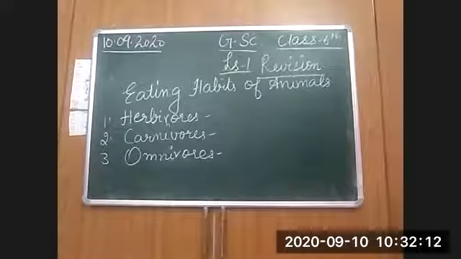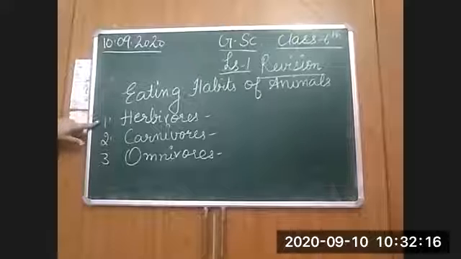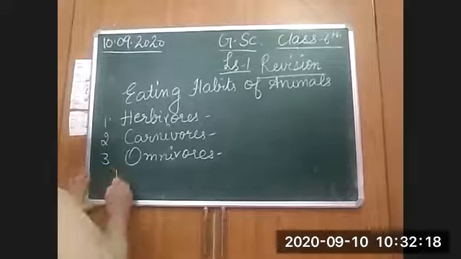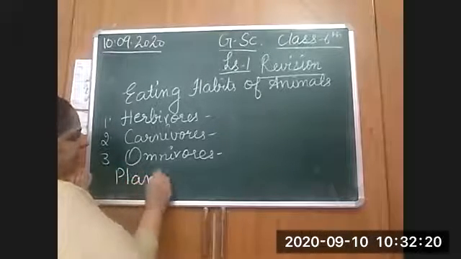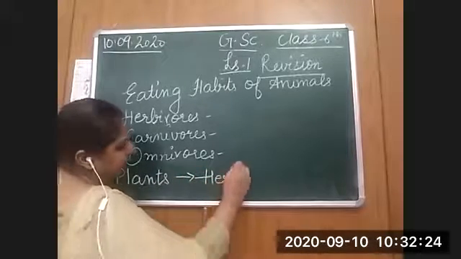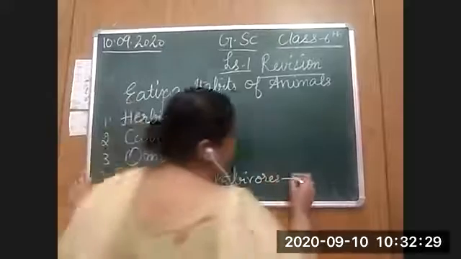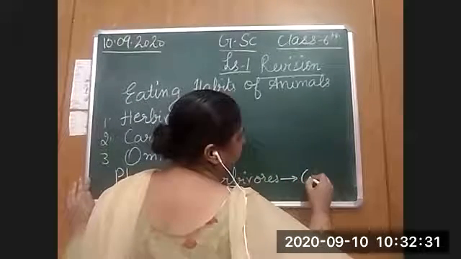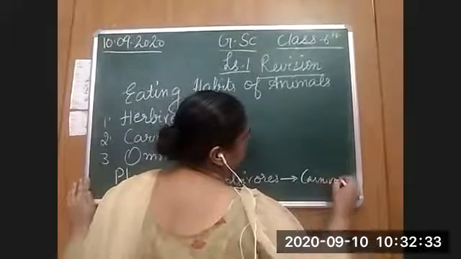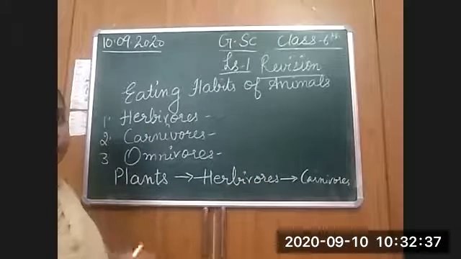Now, students, we have seen here herbivores are dependent on plants. Means plants are eaten by herbivores. Now herbivores are eaten by carnivores. Means one is eating the other, right?